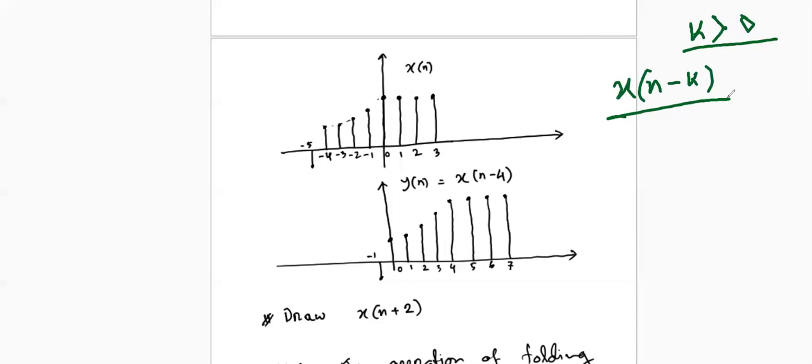Any of you? If k equals 1, 2, 3, 4, 5, any value. To the right direction. That means it is actually delayed.